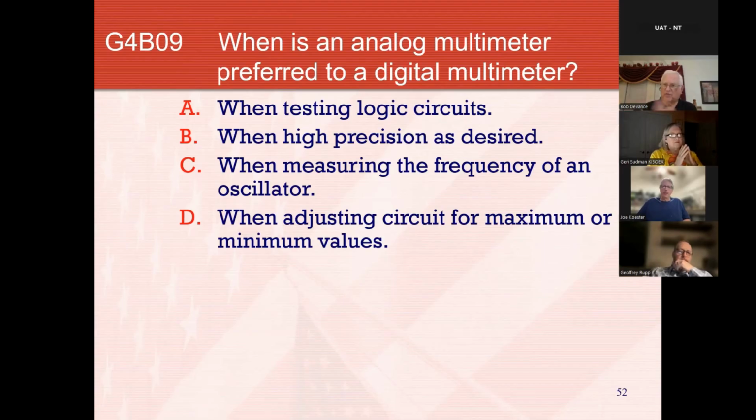The digital meter wasn't fast enough. So we used the analog meter, and that needle would actually move in consonance with whatever that voltage was doing. So if we're adjusting a circuit from minimum voltage to maximum voltage, or setting exactly on a particular voltage somewhere in between, we could use that analog meter and see exactly where it was at any given time. So it lets us adjust a circuit for minimum or maximum. One of the advantages to that one.